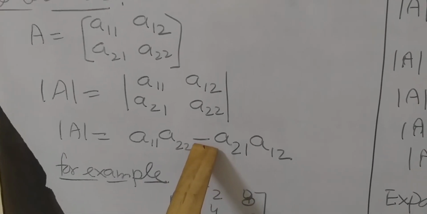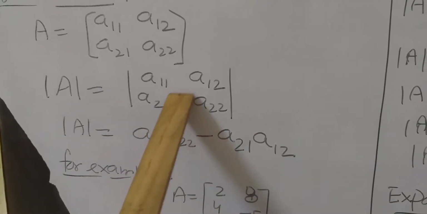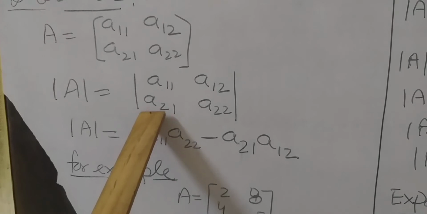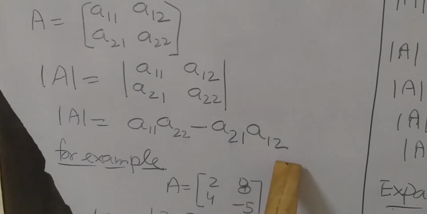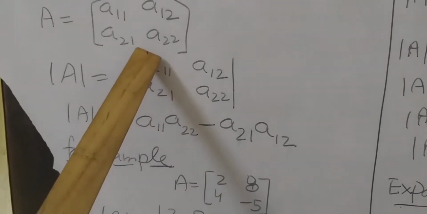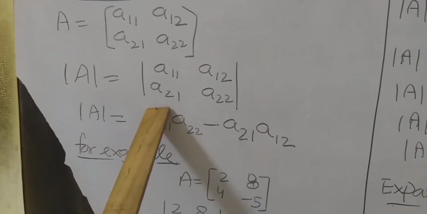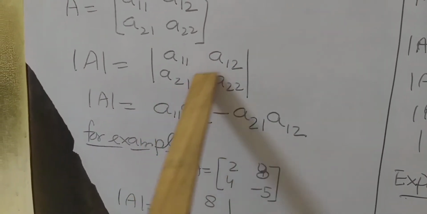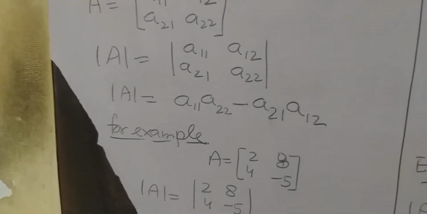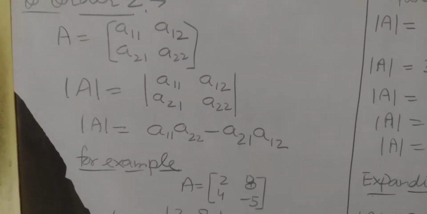Then we put minus sign. Then multiply second one, A21 multiplied by A12. So its determinant equals A11 times A22 minus A21 times A12. This is the value of determinant of order 2.